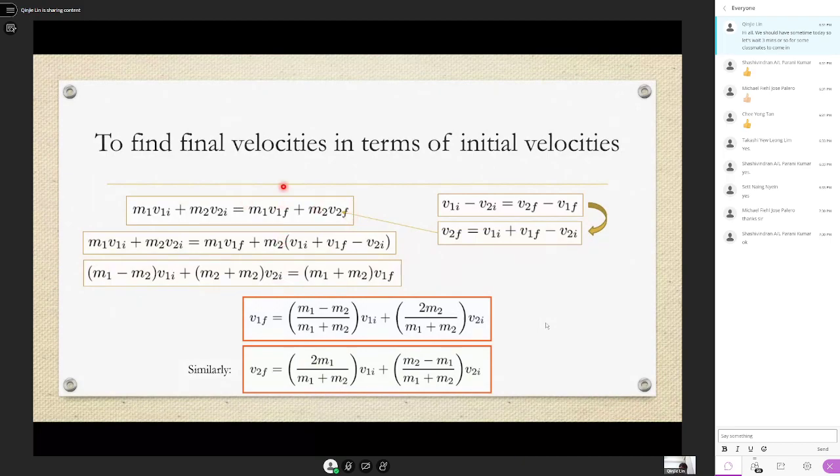Then if you work it out, you make V1F the subject and also V2F the subject. Because in this slide, our aim is to find the final velocities in terms of both initial velocities. That means you are describing the velocity after collision in terms of their initial velocities. Here they are all I.